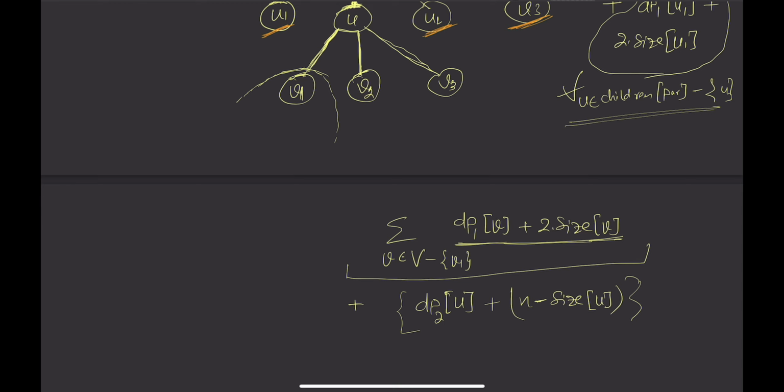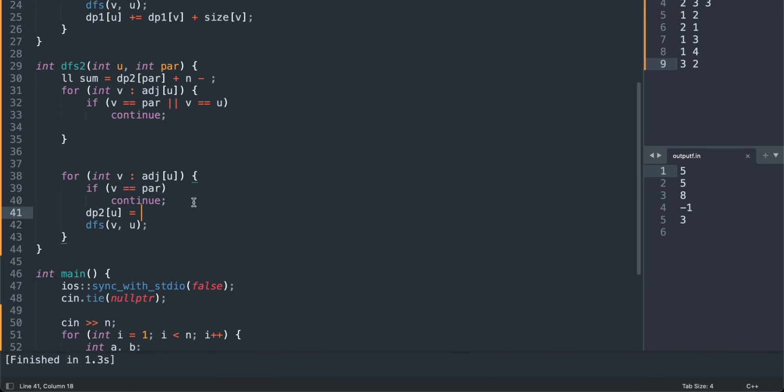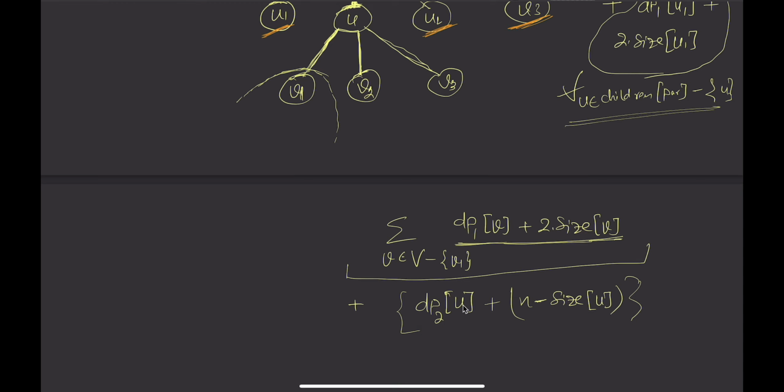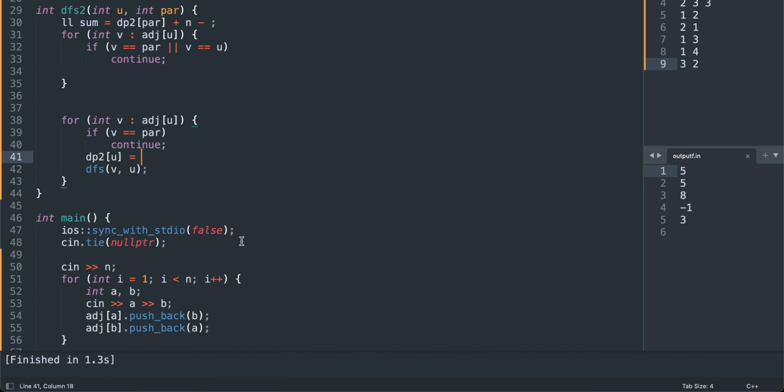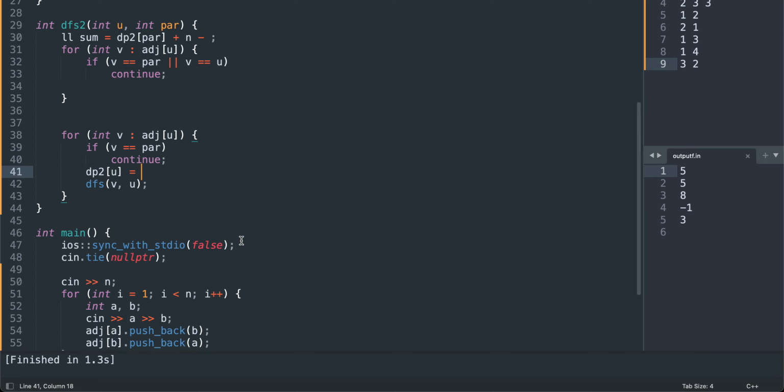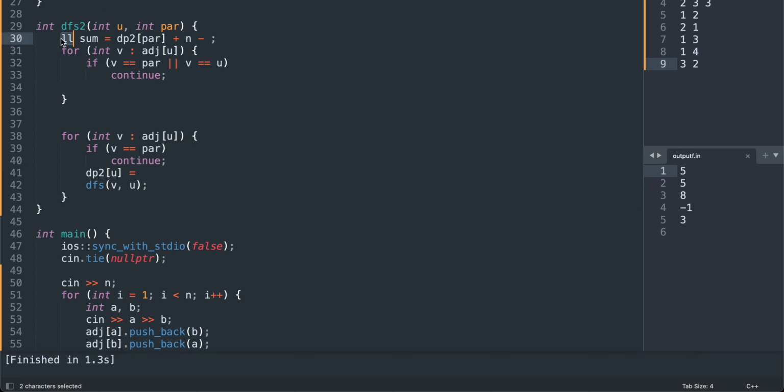I think let's see. So here dp2 of u, how to do this here? Let's calculate this sum first.